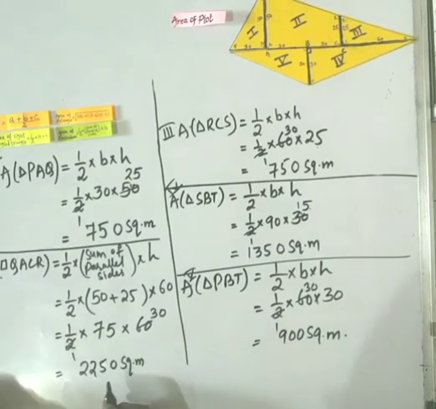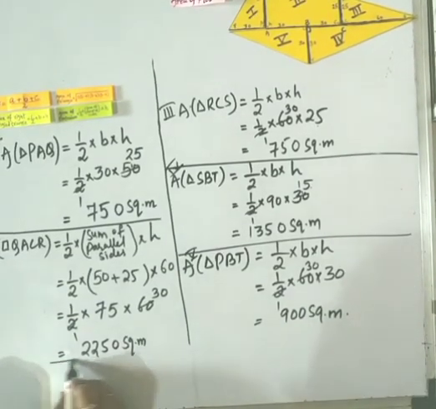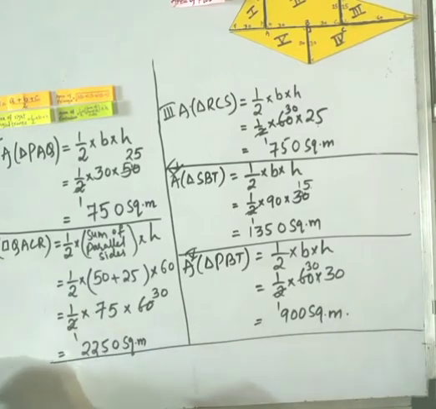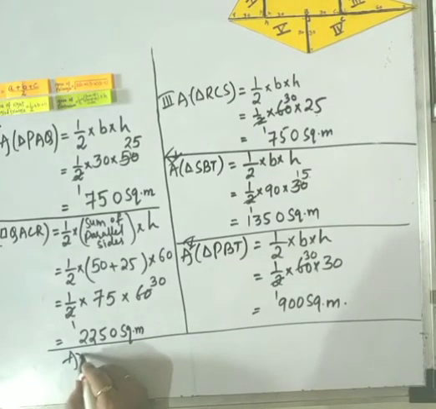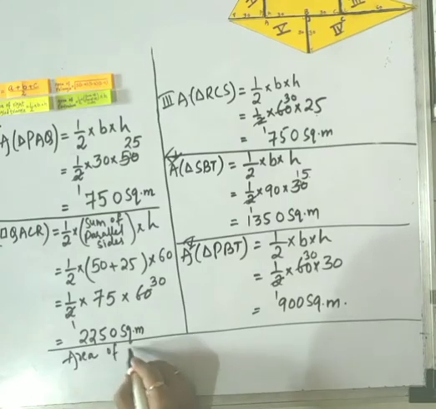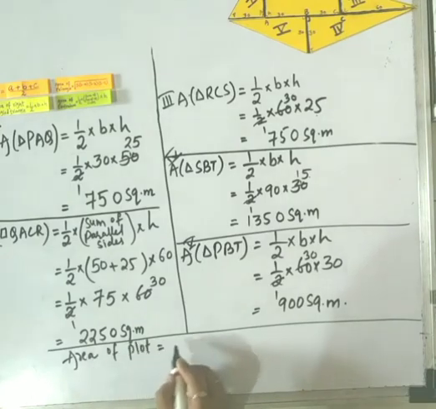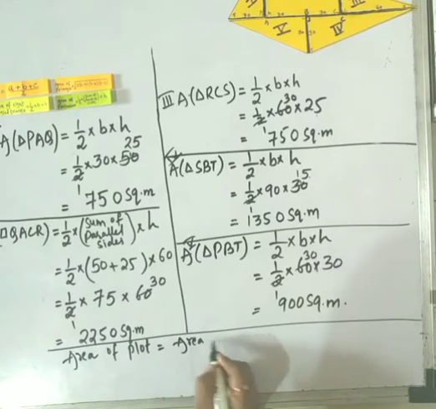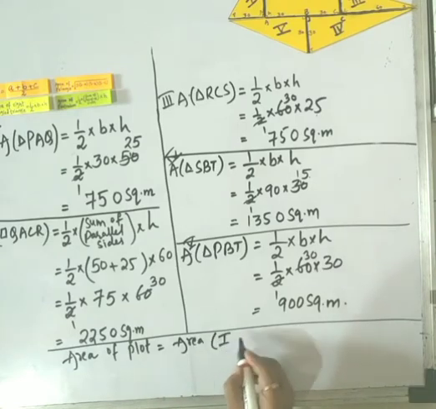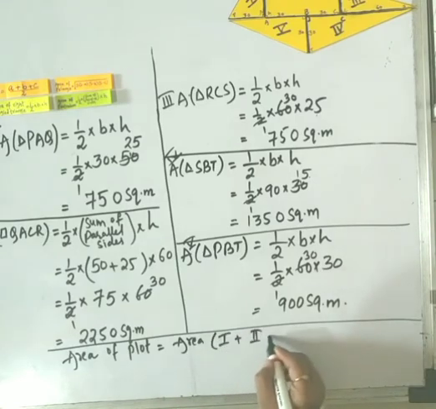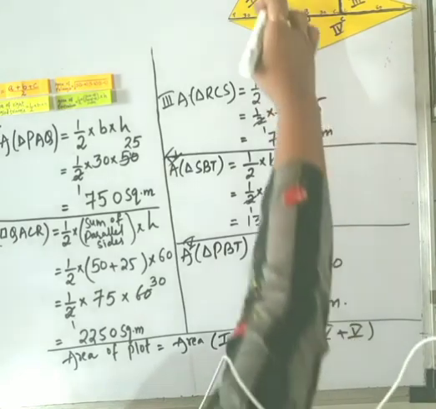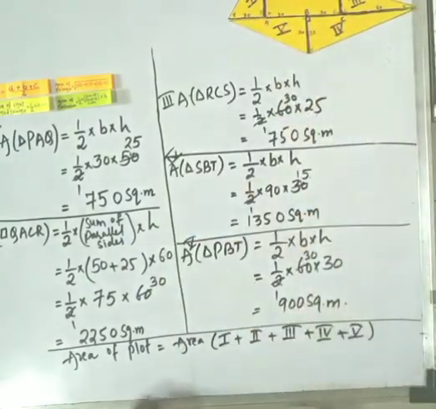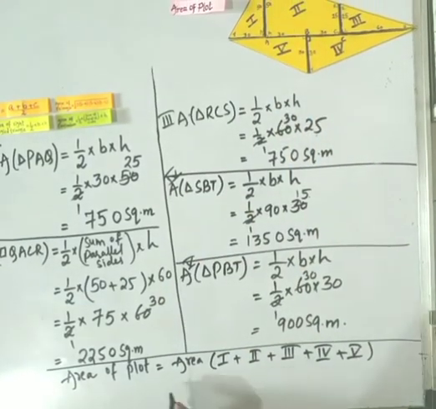Now we will find area of the whole plot. Okay, so area of plot is equal to area of part 1 plus 2 plus 3 plus 4 plus 5. I will add area of all these parts, all the 5 parts.